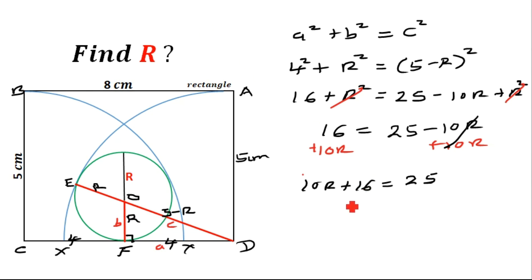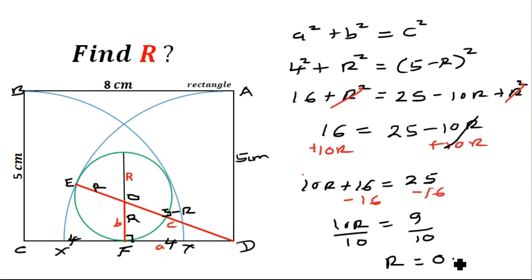When you subtract 16 on either side of the equation, on the left hand side we'll remain with 10R equals 25 minus 16, which is 9. Then for us to get R, we simply divide both sides of the equation by 10. So you end up getting R to be 9 over 10, which is 0.9. Then the units you've been given there is centimeters.